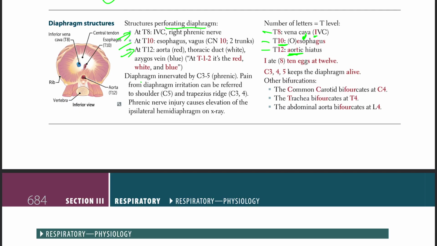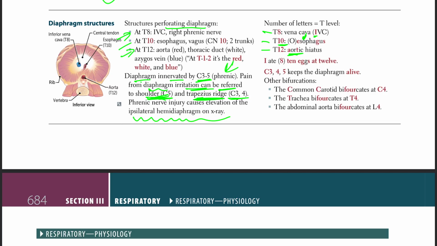The diaphragm is innervated by C3, very high yield, the phrenic nerve. The roots of the phrenic nerve are C3 to C5. Pain from diaphragm irritation can be referred to the shoulder and trapezius ridge: shoulder C5 and trapezius ridge C3 to 4. Phrenic nerve injury can cause elevation of the ipsilateral hemidiaphragm on the X-ray.